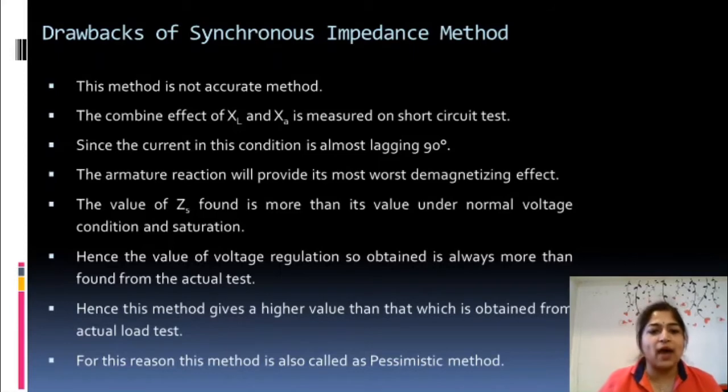And that is why the value of ZS is found to be more than what the value of ZS should be under normal voltage condition and saturation. Hence, the value of voltage regulation obtained by this method, that is synchronous impedance method, is always more than the actual value. And that is why this method of finding voltage regulation is also called the pessimistic method.